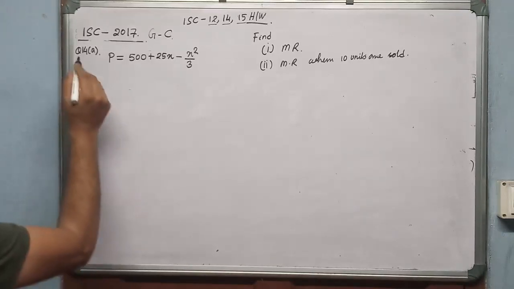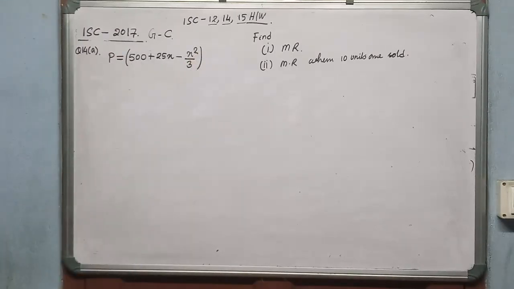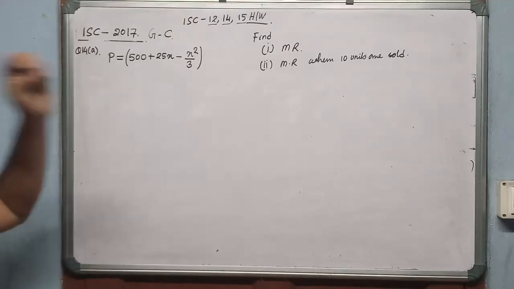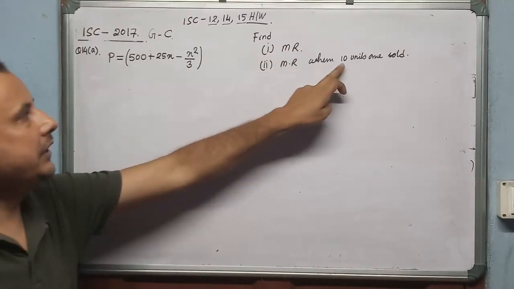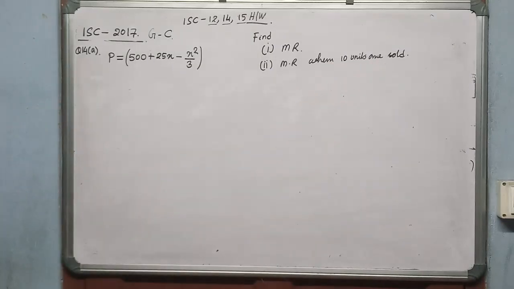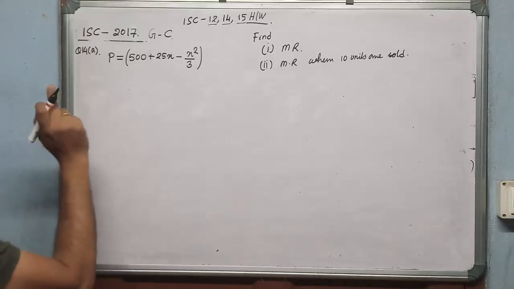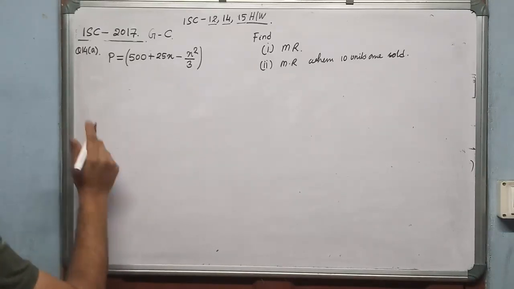Now, in ISC 2017, the demand function is given. Demand is given as 500 plus 25x minus x square by 3. Find the marginal revenue, then find the marginal revenue when 10 units are sold. Now the demand is given, and you have to calculate the marginal revenue. Before calculating the marginal revenue, you have to calculate the revenue.